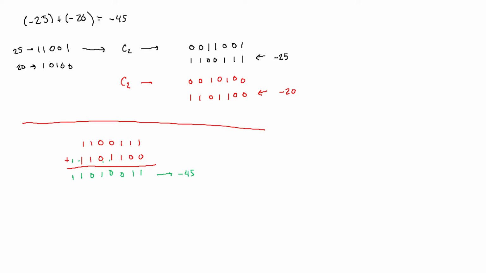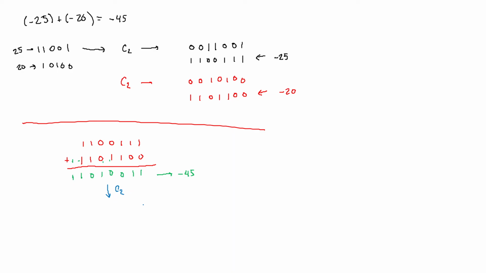Okay? You know that that number is going to be negative. So if you want to know that this is correct, you need to convert it once again to 2's complement, just to check if what you've done is correct.